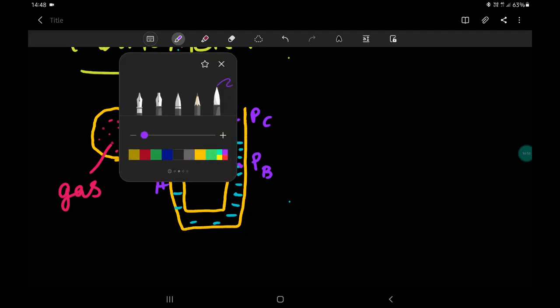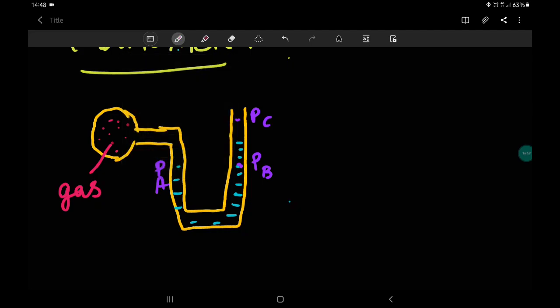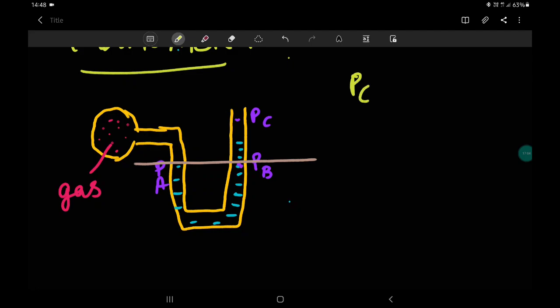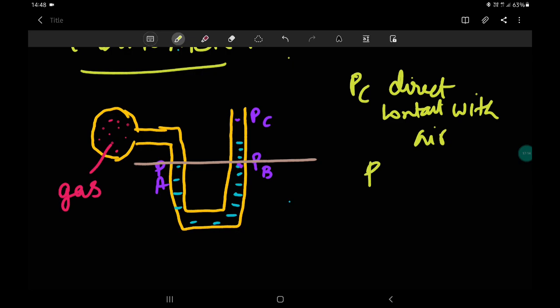From the picture itself, you can see that PA and PB are at the same horizontal level. As PC is in direct contact with air, PC is equal to P naught, which is atmospheric pressure. And as PA and PB are at the same horizontal level, they are equal.